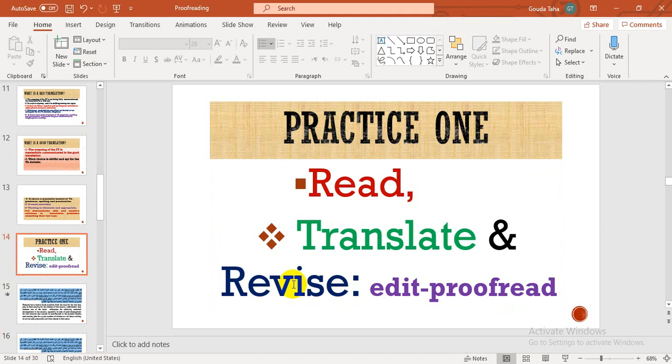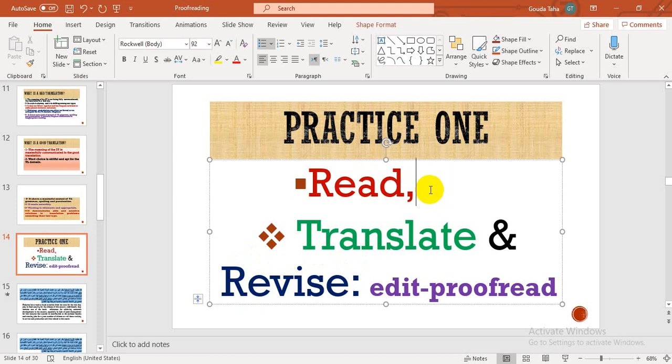So, we can sum up the translation process into a three-step process. Here we need to read the text to understand the content. You need to draft, you need to translate.